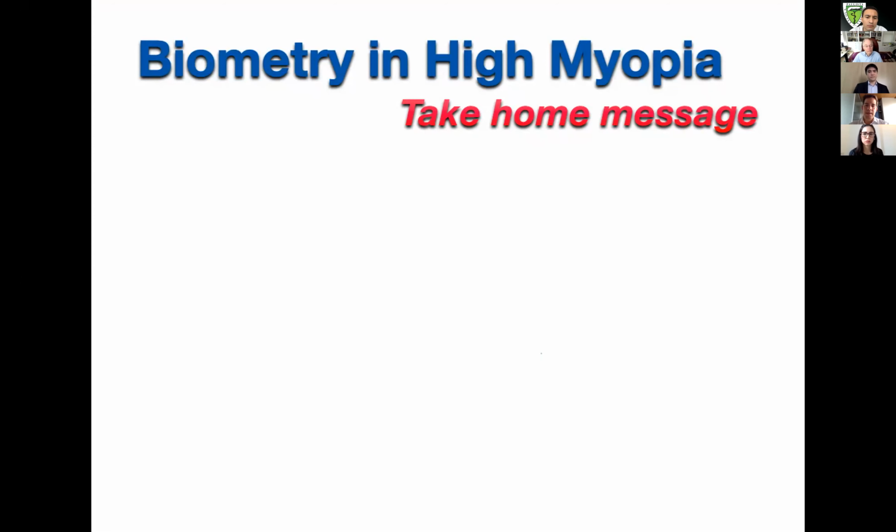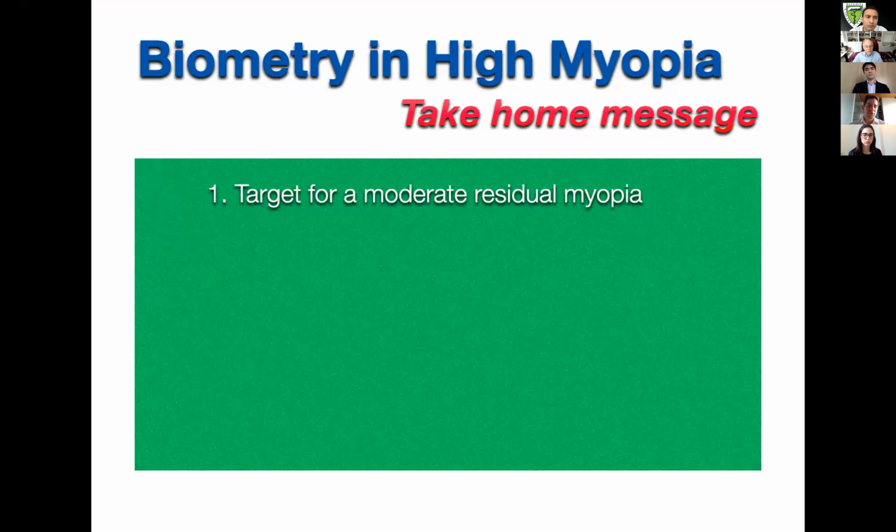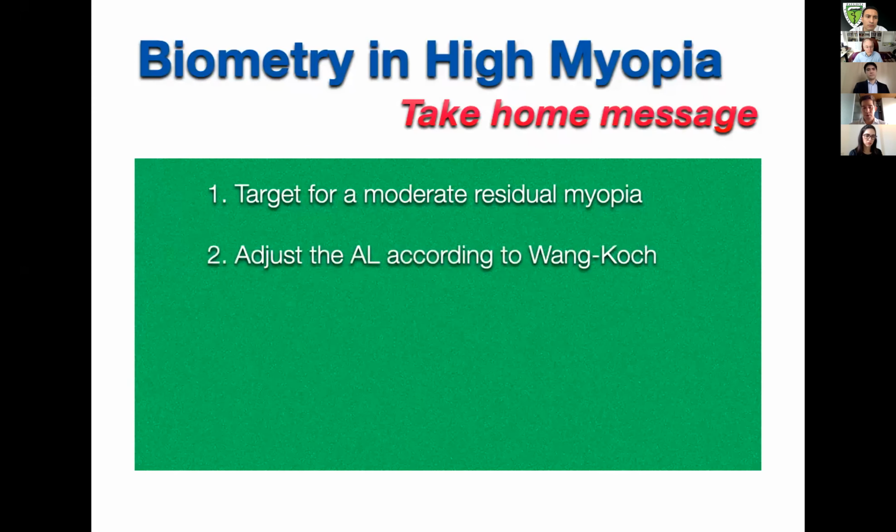So for this case, I have this topic and this dilemma of high myopic patients. We can give some take-home messages, in four points. If you have a high myopic patient, we can target a moderate residual myopia. It's possible also to use the axial adjustment according to Wang and Koch. It's also recommended to use the Barrett Universal 2 formula.